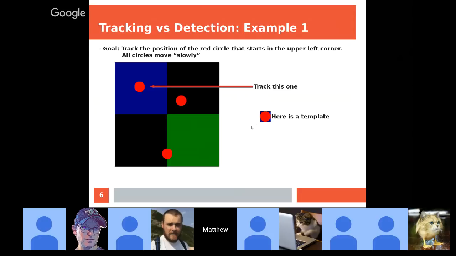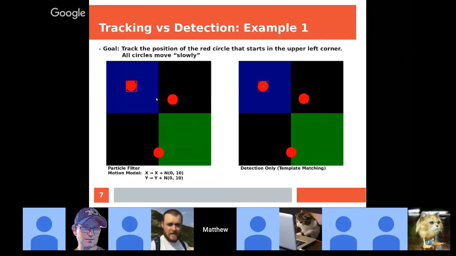To help out the process, I'm providing a template, which is just a cutout around this circle. So this is a very similar problem to some of the early bits of your problem set. And we're going to apply both a simple detecting technique and a particle filter to this problem.